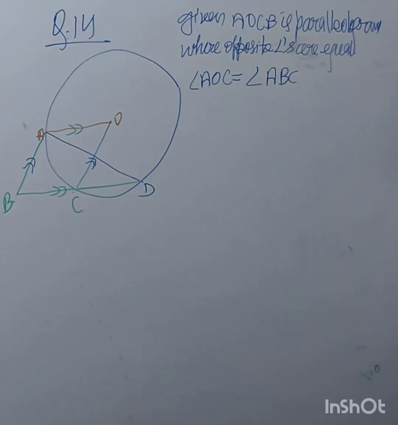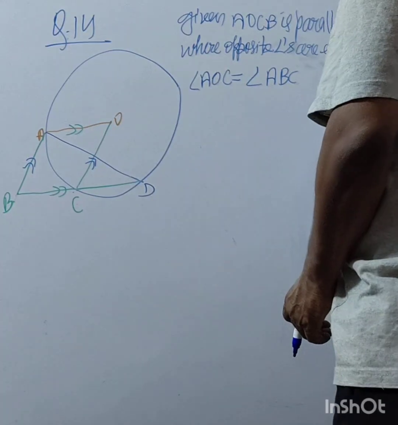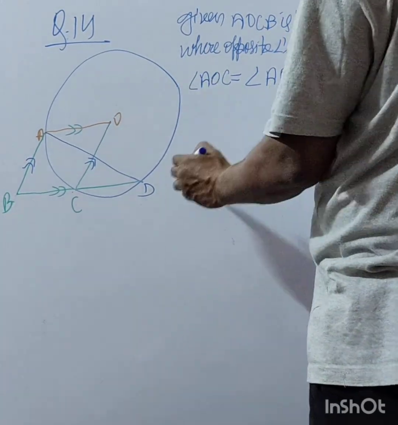BC is produced to meet the circle at D. Prove that angle ABC is equal to 2 angle OAD. Right?